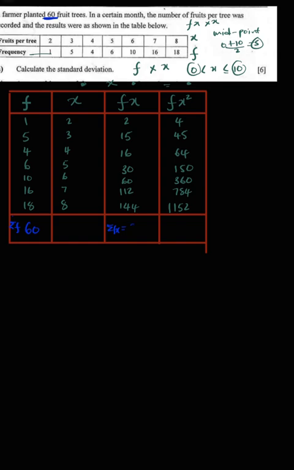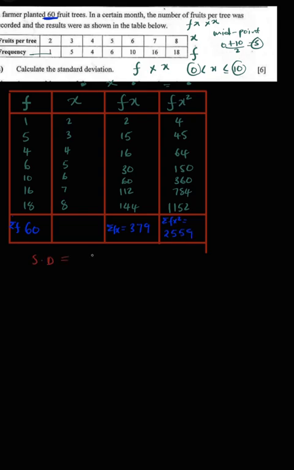Okay, so I'm getting 379. Okay, so we add the fx squared. So 4 plus 45 plus 64 plus 150 plus 360 plus 784 plus 1152. So summation of fx squared, I'm getting 2559.